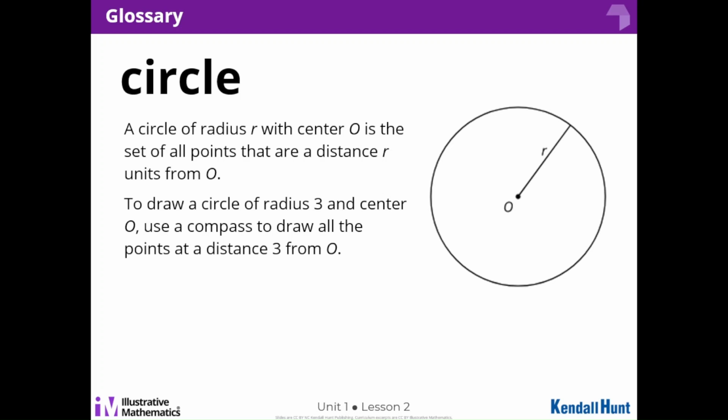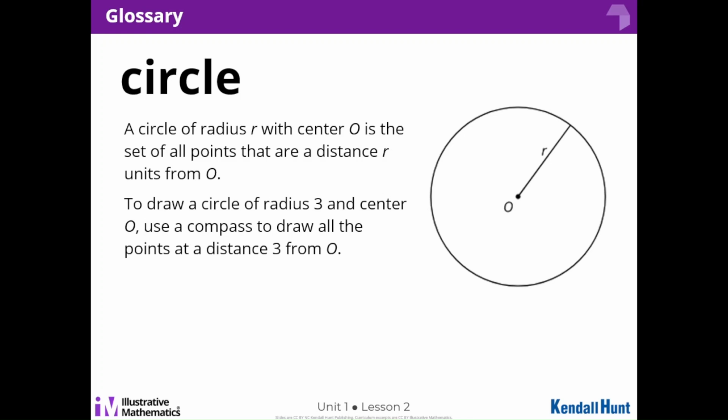And what you need to know with a circle is that we have a center point, and then every point that makes up the actual line of the circle is the same distance from that center point. The distance from the center point to any point on the actual circle is called the radius.